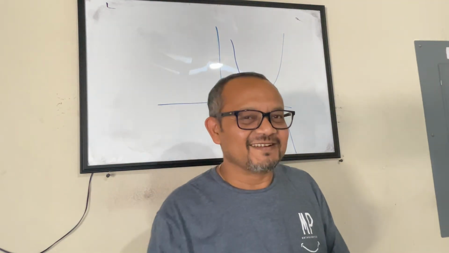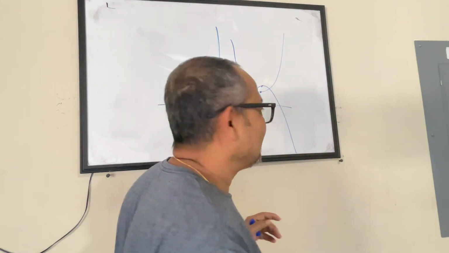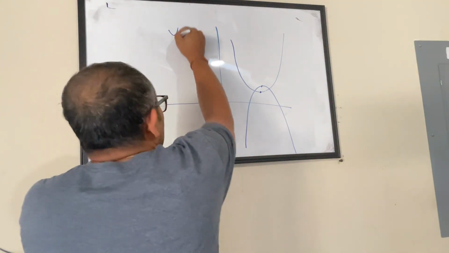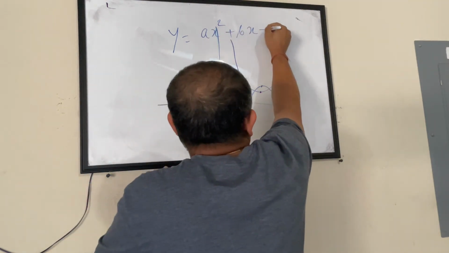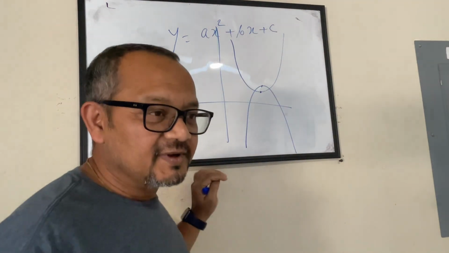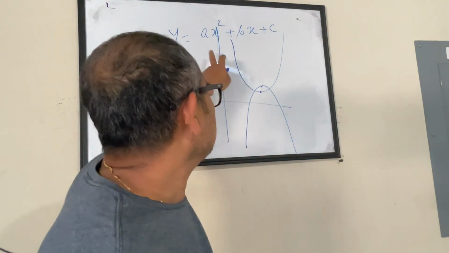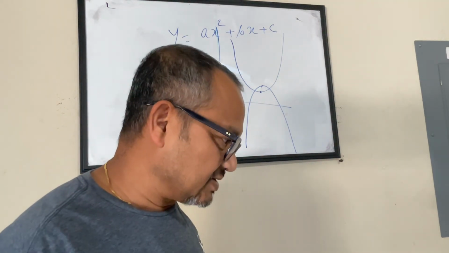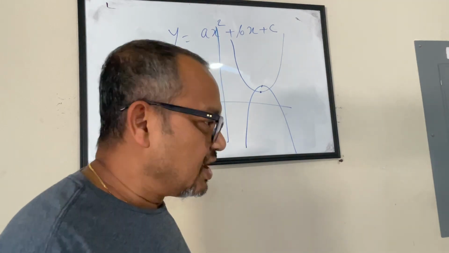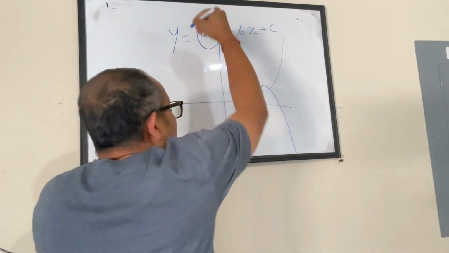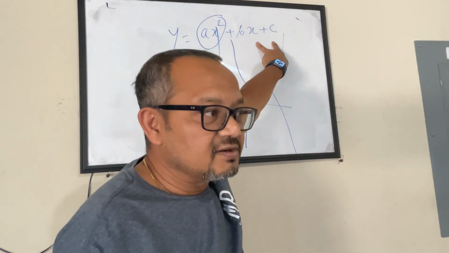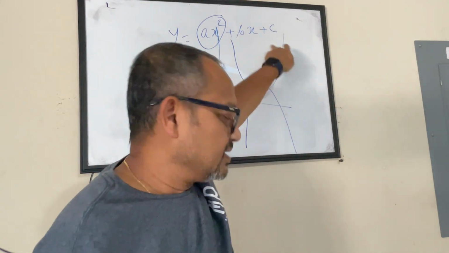Oh, I'm talking about ax squared plus bx plus c, where a is not equal to 0. Obviously that makes sense, because if A is 0, this whole thing becomes a linear equation. Yeah. Okay.